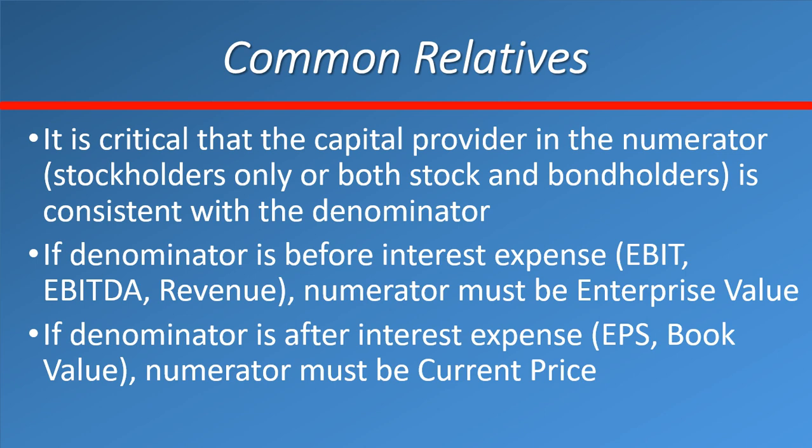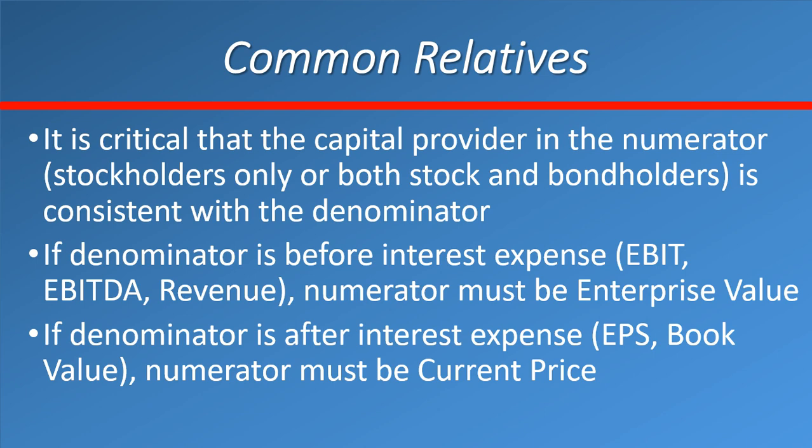So if the denominator is before interest expense, such as earnings before interest and taxes, earnings before interest, taxes, depreciation, amortization, and revenue, those are all above interest expense on the income statement, then your numerator must be enterprise value, because enterprise value includes both the stockholders and the bondholders. Since it includes both, you want to use a denominator that is before interest expense.